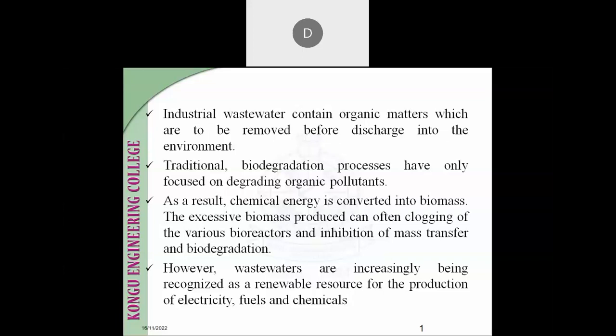Now, due to natural calamity, sometimes either the rain or the passage of air disperses the dried sludge in the air.